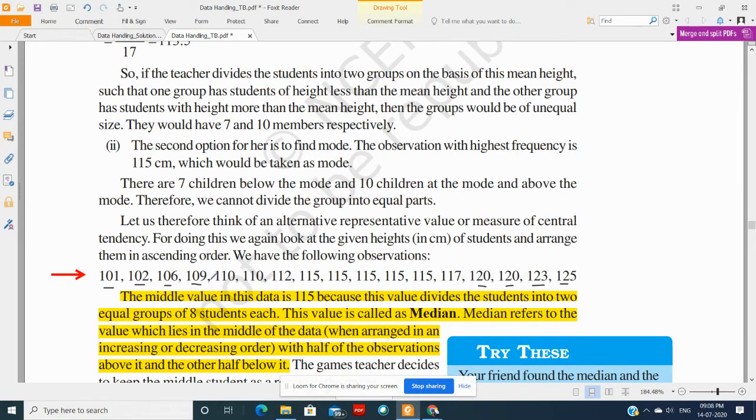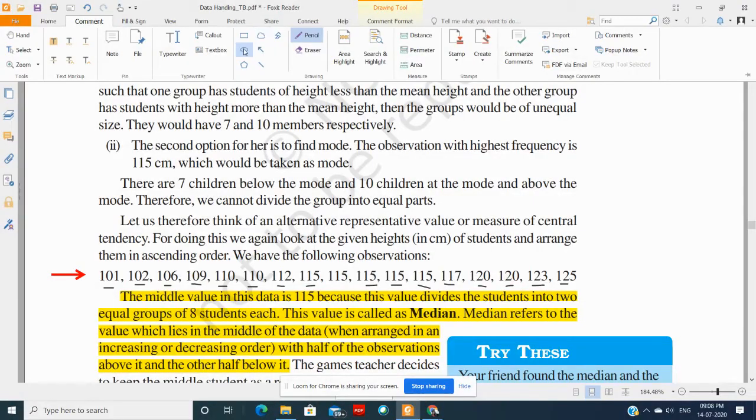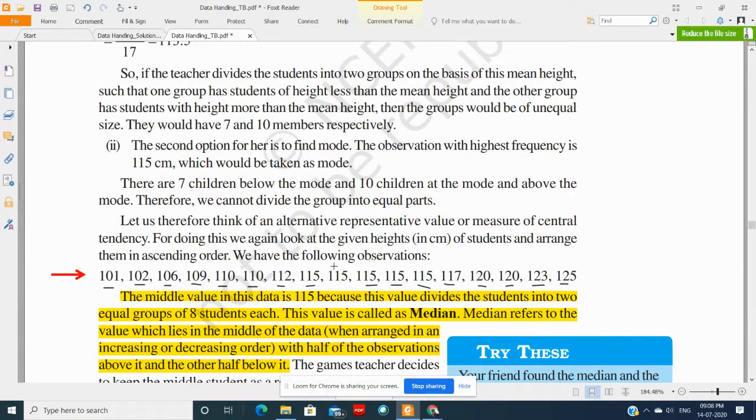So I'll count like this: this and this, this and this, 112, 115, 115, 115. And the number you are getting here is 115, right?